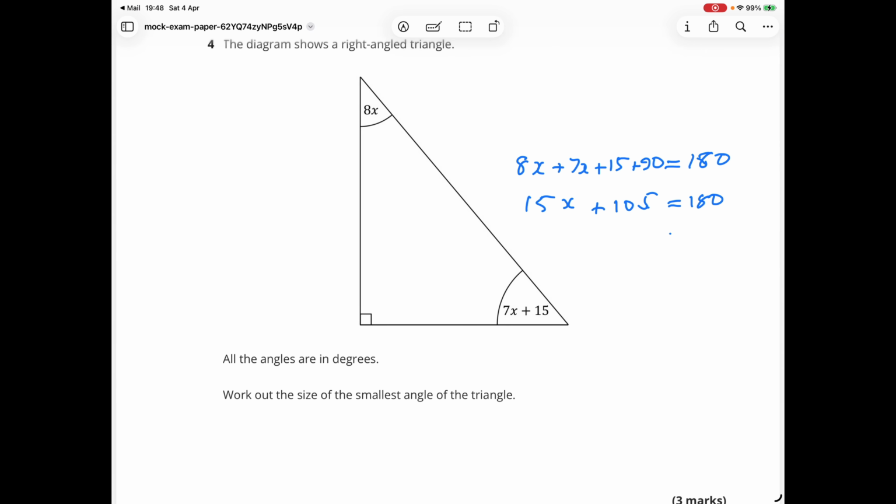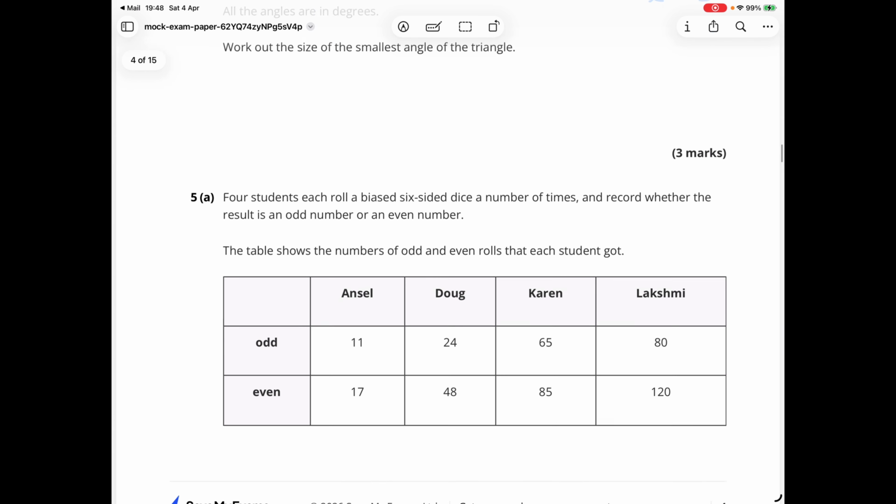Take away 105 from both sides and we get 75 equals 15x. So x equals 75 over 15, which is 5. There we go, and let's carry on.